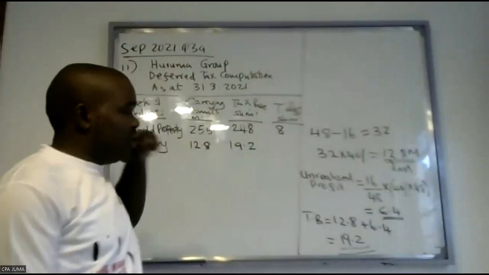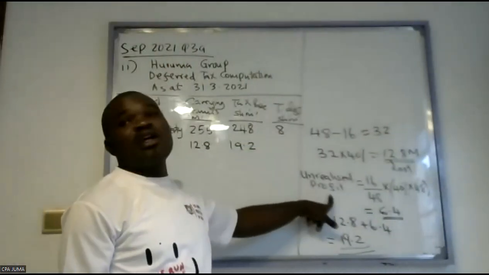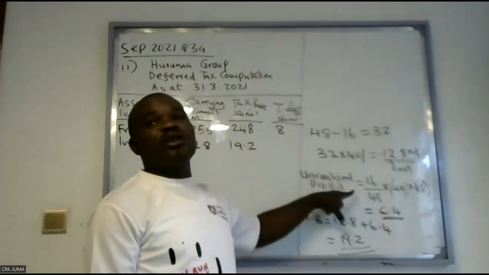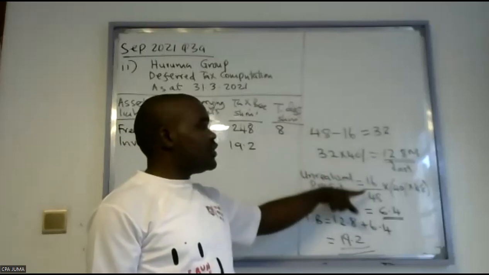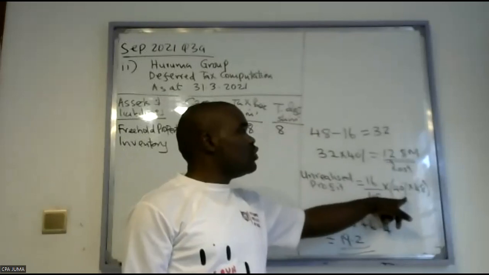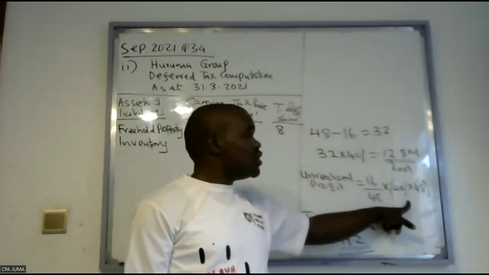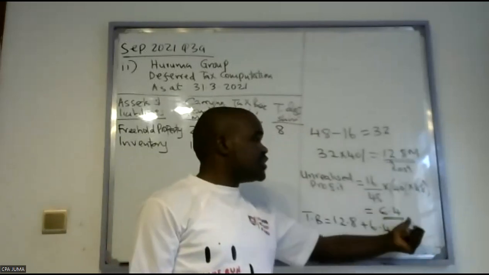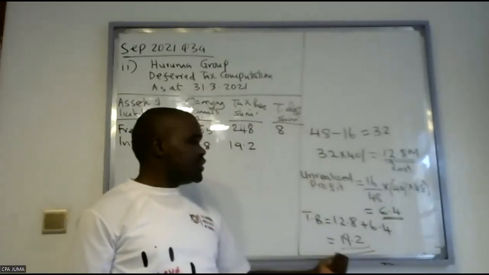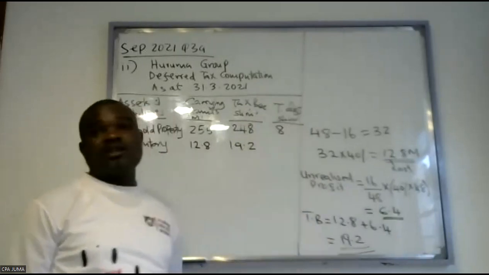So that is why I was keen to determine, first of all, the unrealized profit. To get unrealized profit, you take the profit margin. Profit margin is profit over the sales value. Profit was 16 over 48 times the goods which remained unsold, 40% of the 48, we get 6.4. Then now you gross up the cost of the remaining stock, which is 12.8, plus that one there.